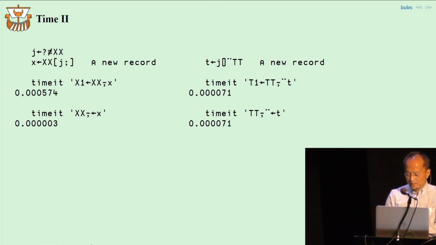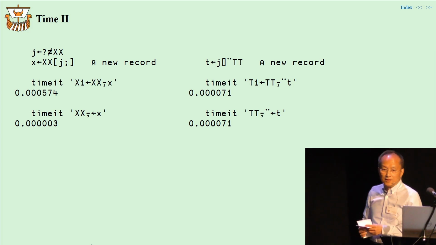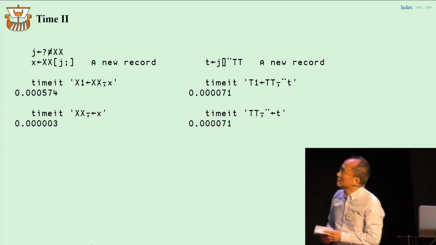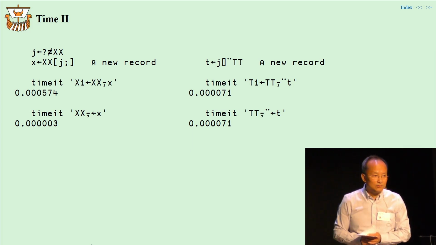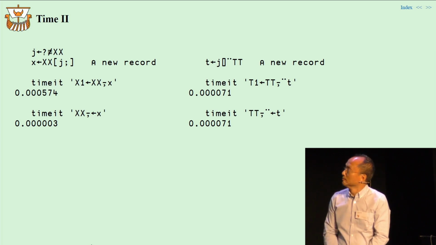So why is there such a big difference in space and time for a verded table and an inverted table?